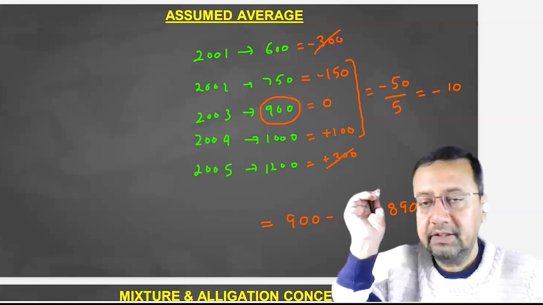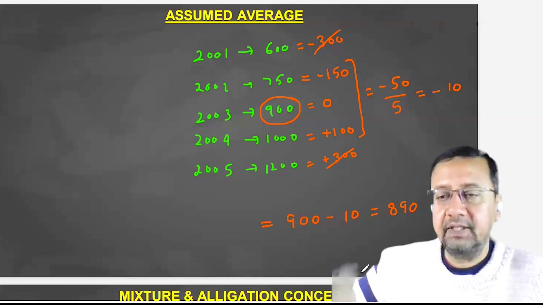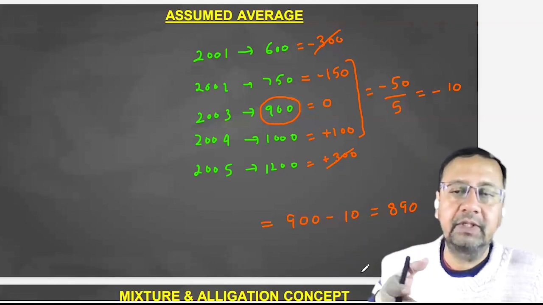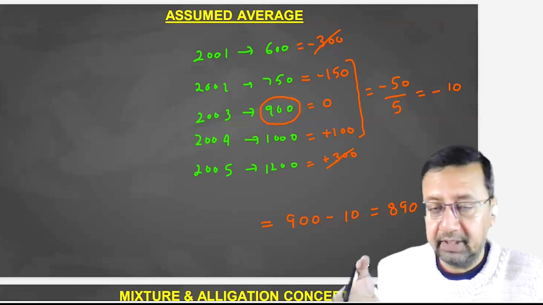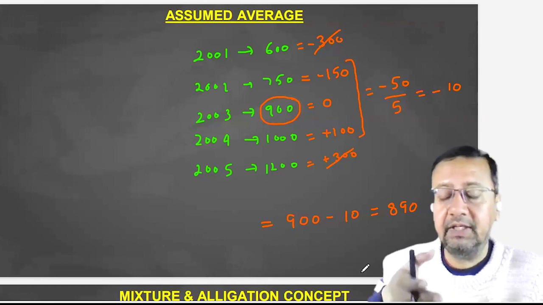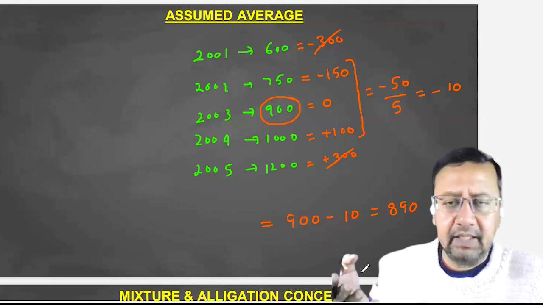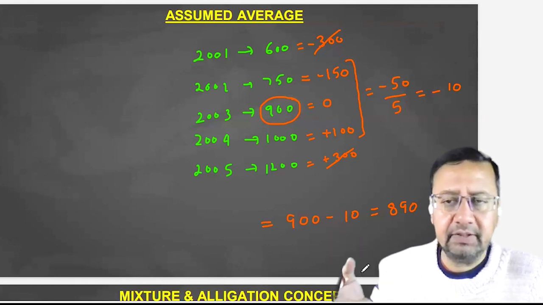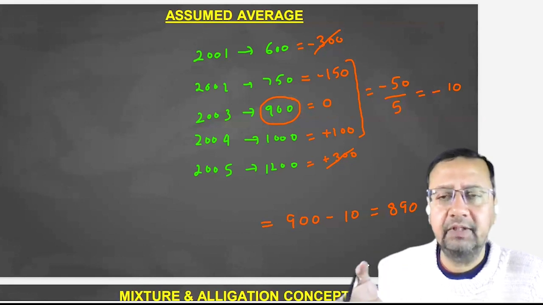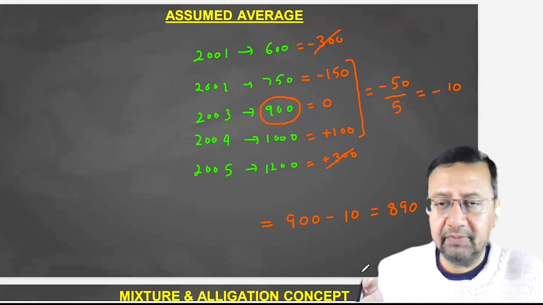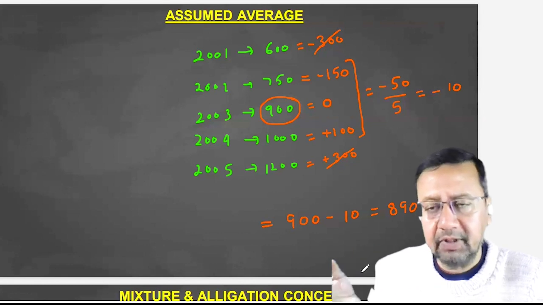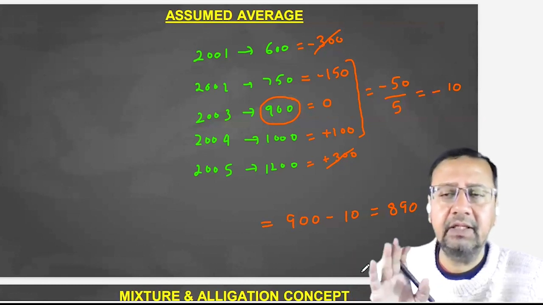In this process, in every step, you are simplifying your calculation. Earlier there was a bigger number, then you take some small numbers with plus and minus signs, which adjust, and you are left with fewer numbers. Then again a smaller number, and you divide a small number.